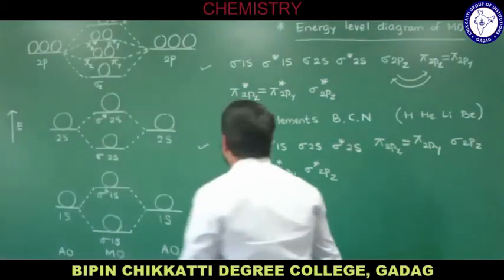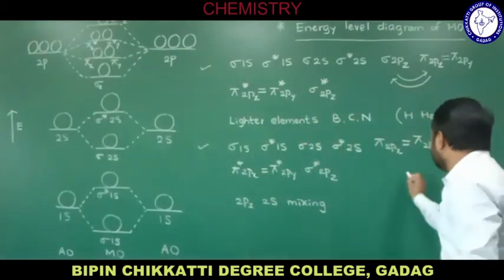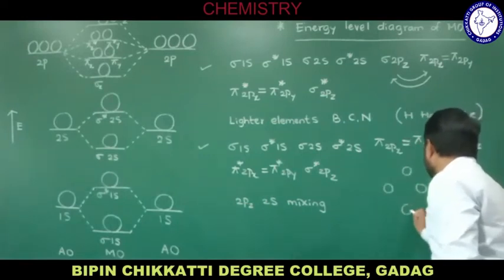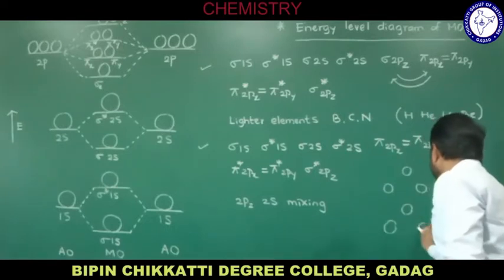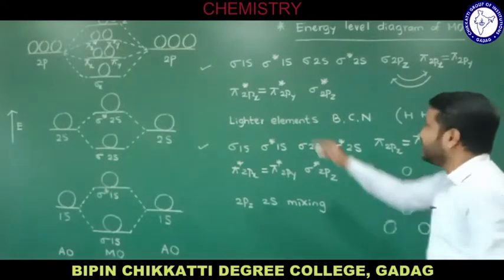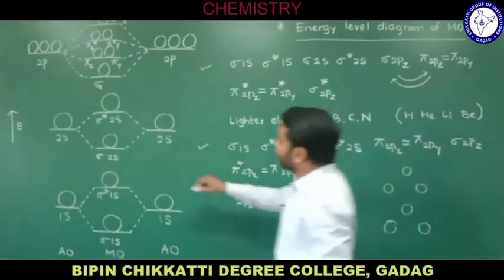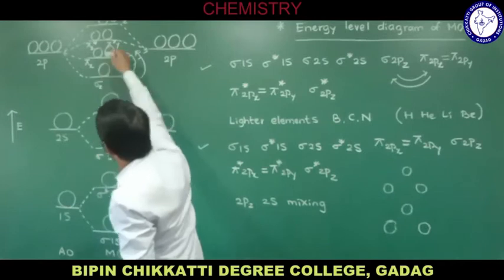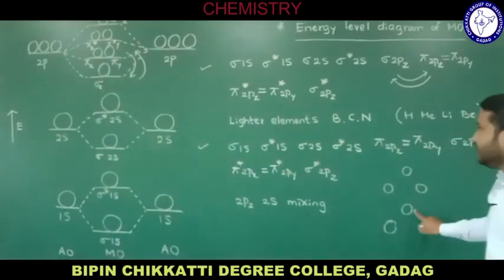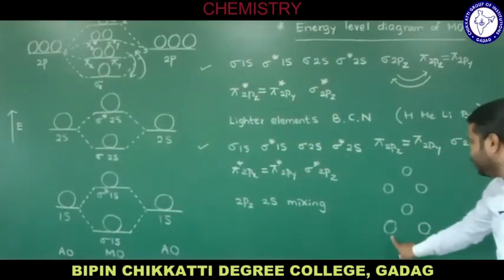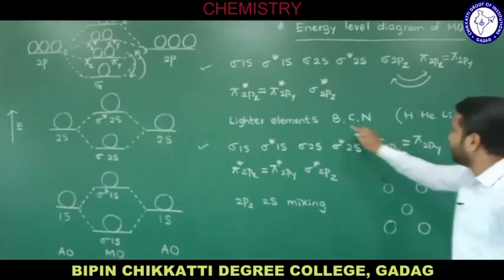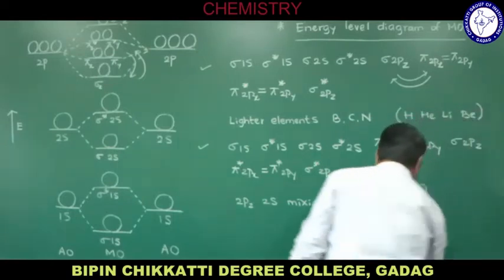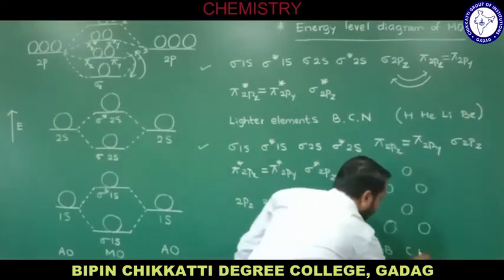Remember that if you have the lighter elements, for p you need to consider in this fashion, because exactly opposite of that, as I mentioned, you need to interchange these two. So we get this is the sigma 2pz and this is pi 2px and pi 2py. For boron, carbon and nitrogen, in p you need to consider this. I will write here, this is for boron, carbon and nitrogen.